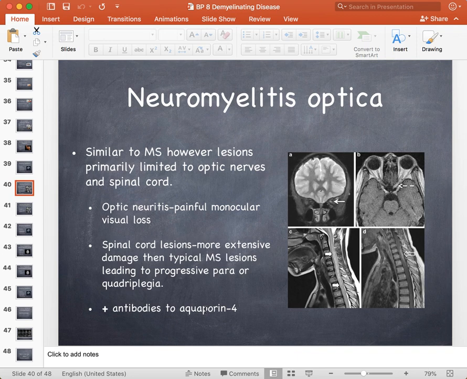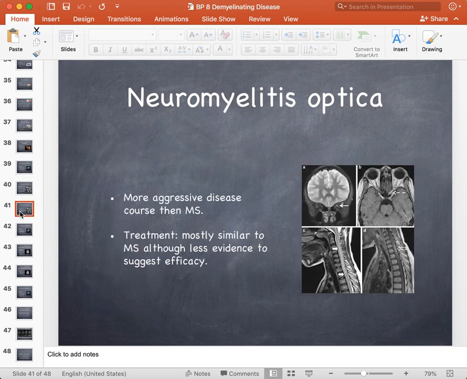So you don't want to misdiagnose NMO as MS. The one area of overlap is in B-cell depletion. Agents like rituximab do seem to be effective for both conditions. So if you really are not sure which one is right, it's probably best to err on the side of treating them for NMO.